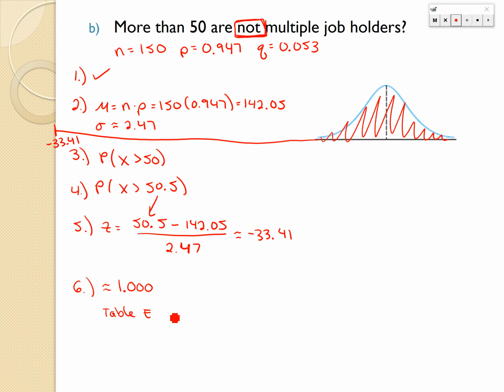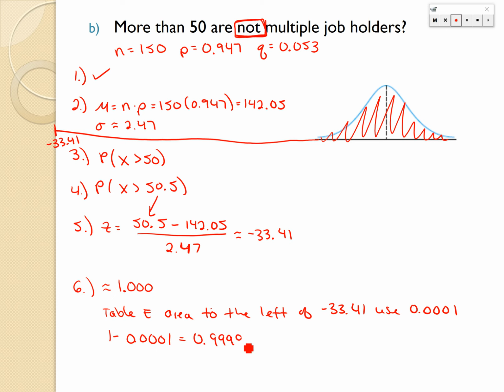So in table E, the area to the left of negative 33.41, they tell you to use 0.0001. So anytime you get a z-value smaller than negative 3.49 and you're a table person, the area to the left is 0.0001. So to get the area to the right, we're going to do 1 minus that, which will give you a lot of 9s.